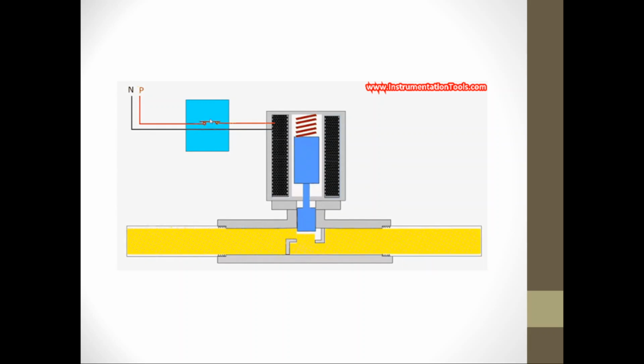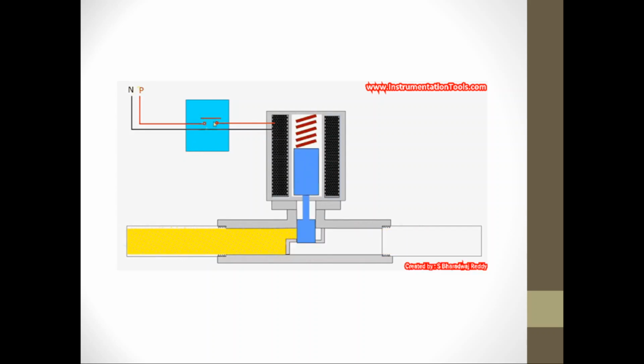In simple terms, for the solenoid valve to allow the passage of air, it must be supplied with the rated voltage. To block the passage of air, the supply must be cut off, or basically turned off.